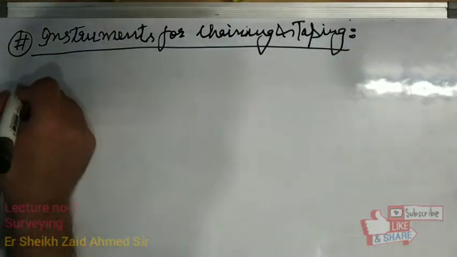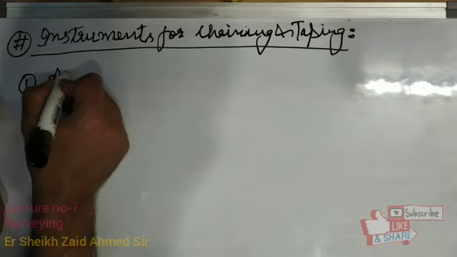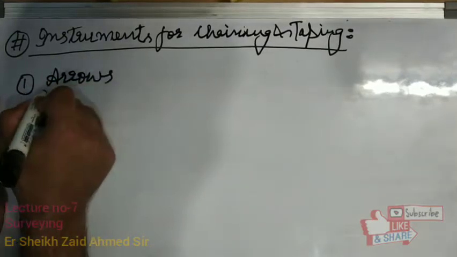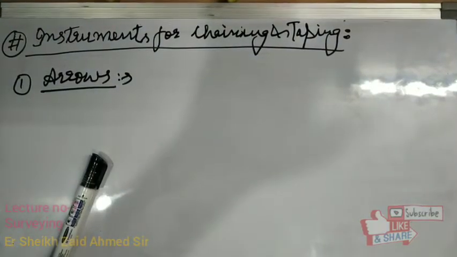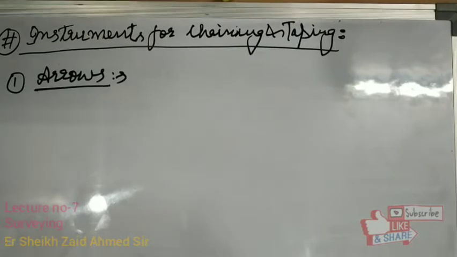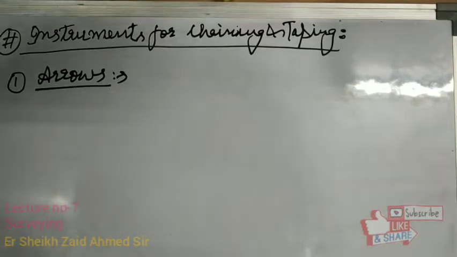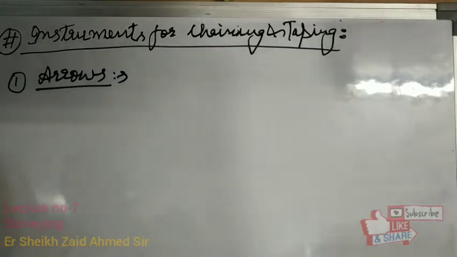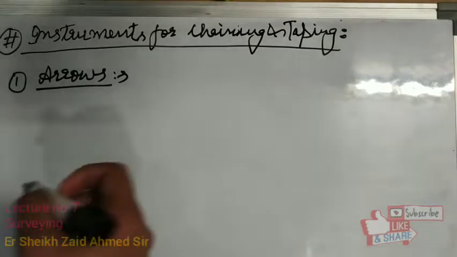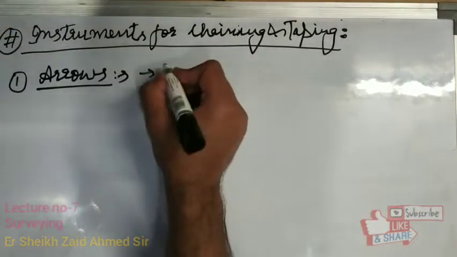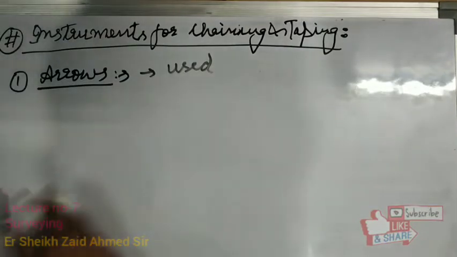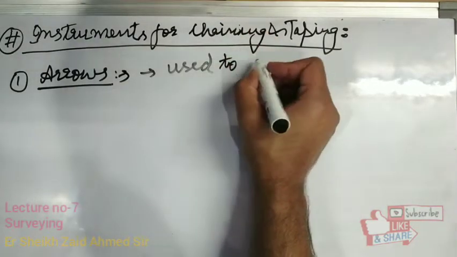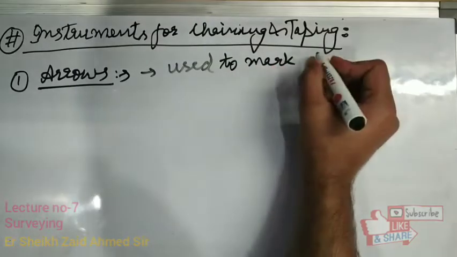So the first instrument that comes is arrows. What are arrows? Arrows are simply the instruments which are used to mark the position of the ends of the chain on the ground.